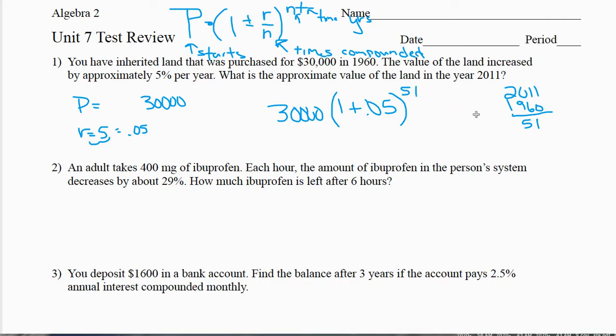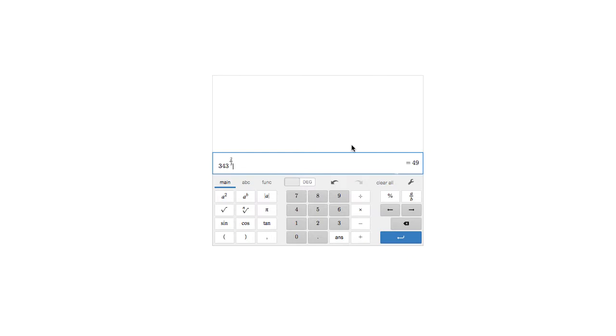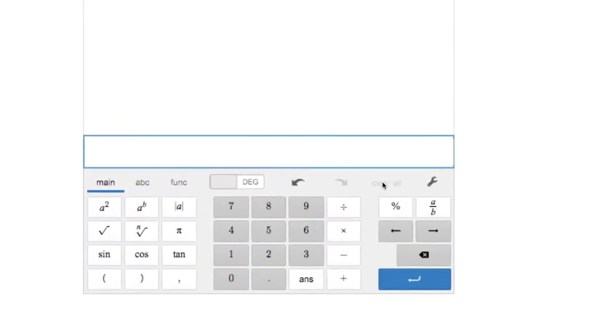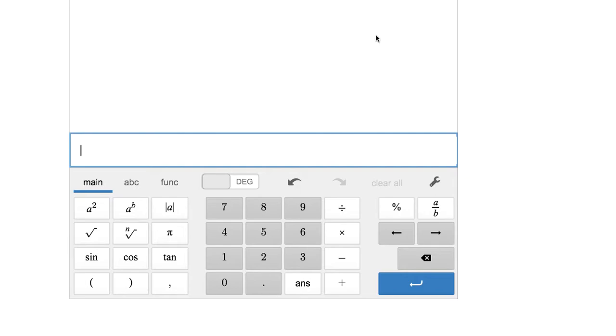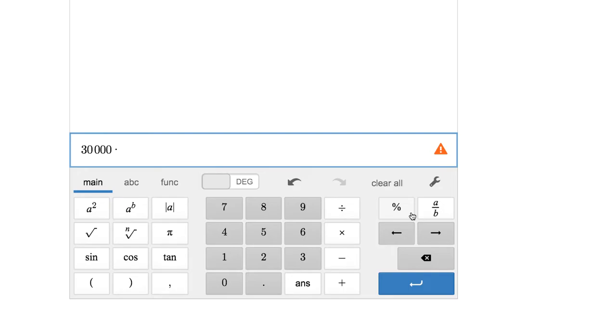So then you go to your Desmos graphing calculator, or Desmos calculator. Okay, there we go. And we have 30,000 times, and remember, we could put it in parentheses, 1 plus 0.05, close our parentheses, add our exponent, and it's 51 years.